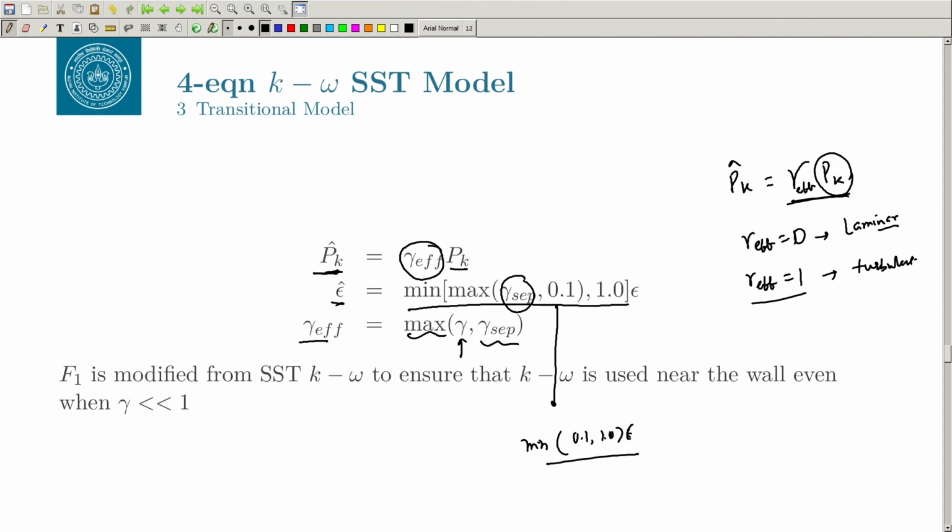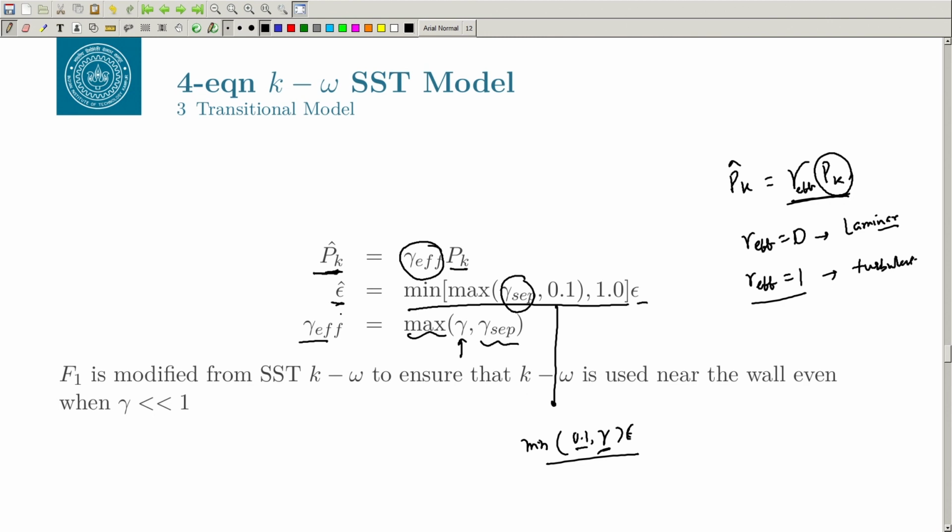What it does basically, no, this is incorrect, it cannot be minimum 0.1, 1. That has to be gamma somewhere. So maybe it will be some function of gamma. So the dissipation is also controlled by gamma.